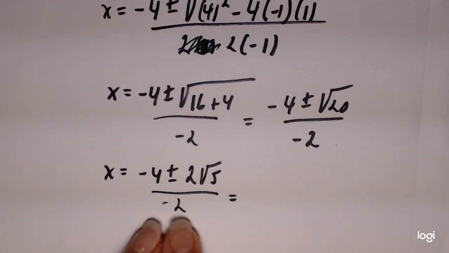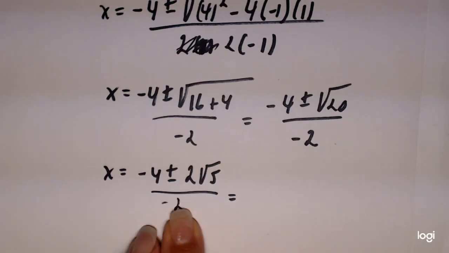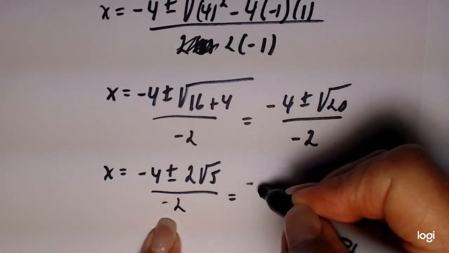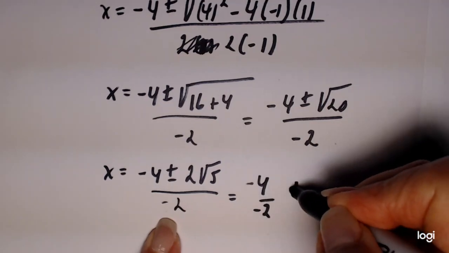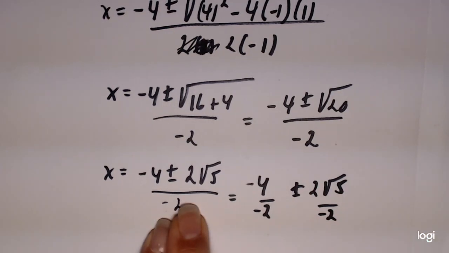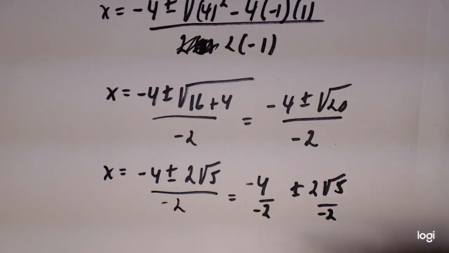In order to get rid of this negative 2 in the bottom, we have to be able to pull a 2 out from this first term and the second term, which we are able to do now because 4 can be divided by 2 and the 2 can be divided by 2. So let's do the division. In fact, what I'm going to do is break this up into 2 fractions for any of you that might need a little bit more clarification on how this would reduce.